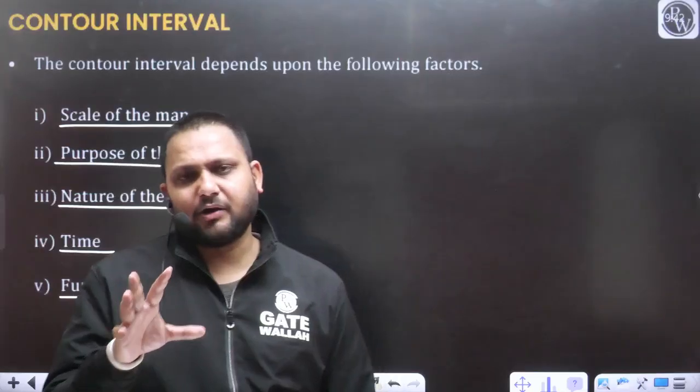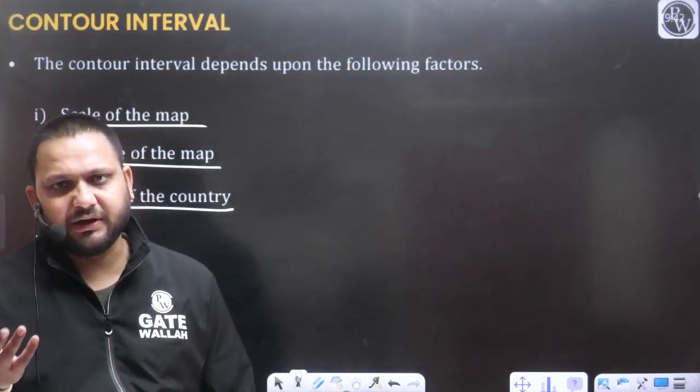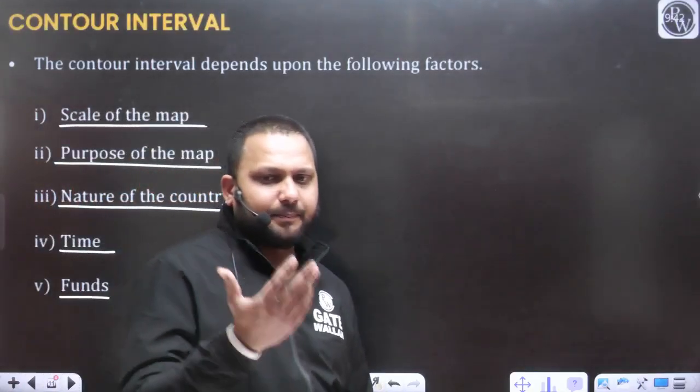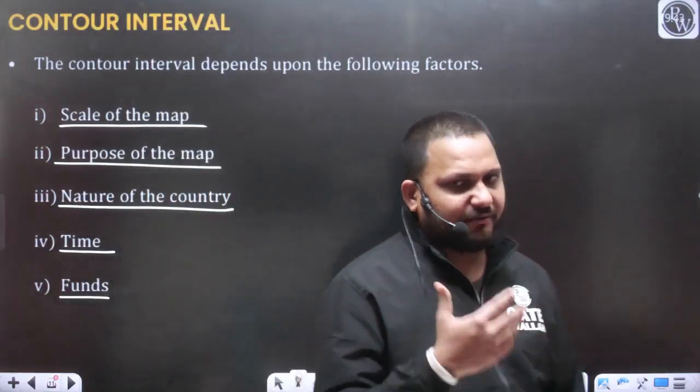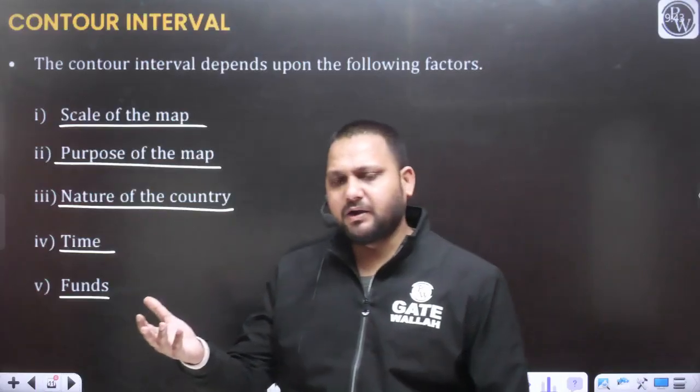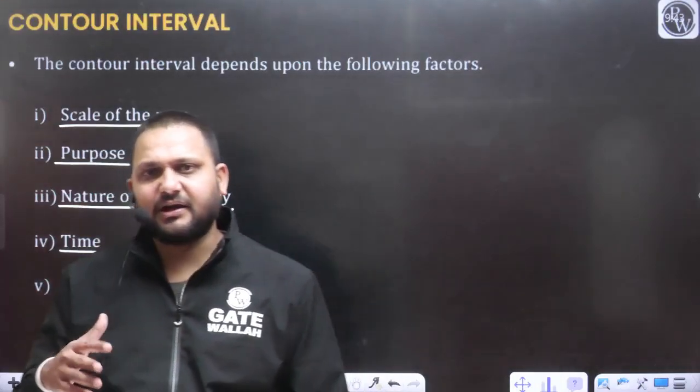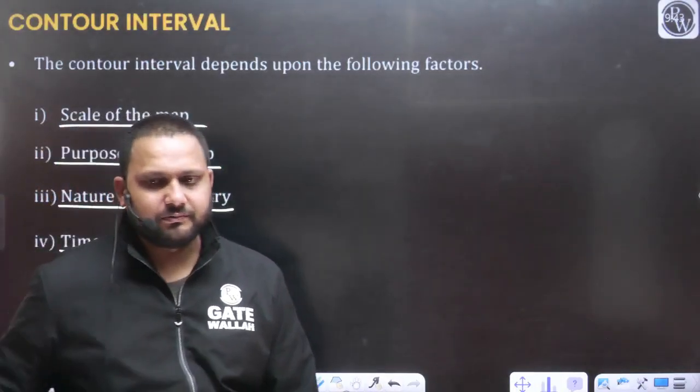Like in some part of the map we consider the contour interval as 15, in another part as 20, and in another part as 25.